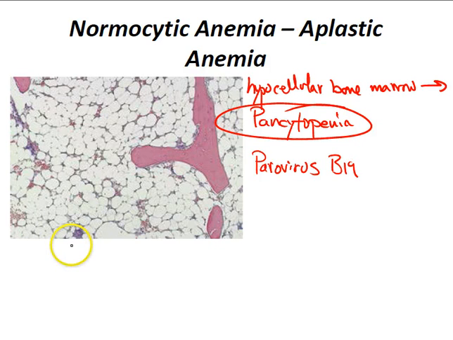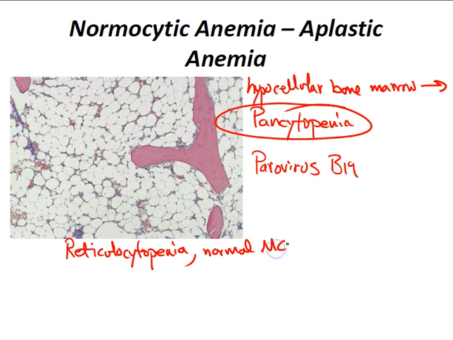Well, you're going to see a reticulocytopenia and a normal mean corpuscular volume. In severe cases, you can see macrocytosis, which is an MCV greater than 100, but it may be seen. You're going to see a normal MCV and a reticulocytopenia.